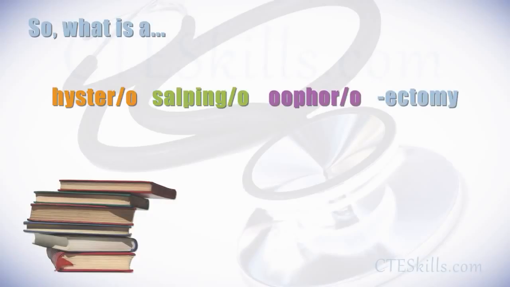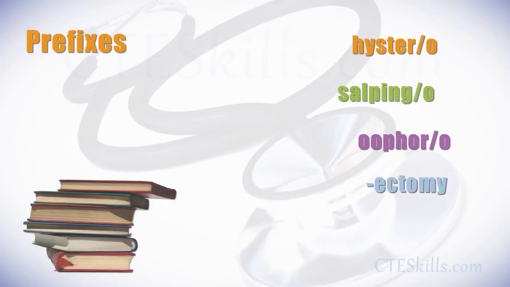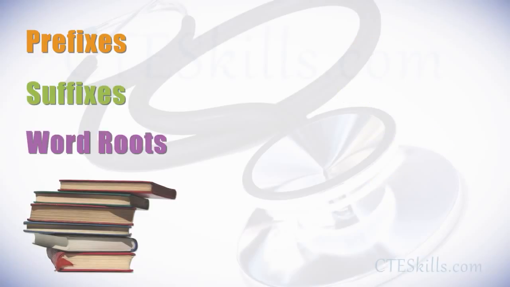Believe it or not, there is a simple way to learn and understand these kinds of words. Most words like this are simply a combination of different parts or elements, which include prefixes, suffixes, and word roots. Prefixes are syllables or elements placed at the beginning of a word root.